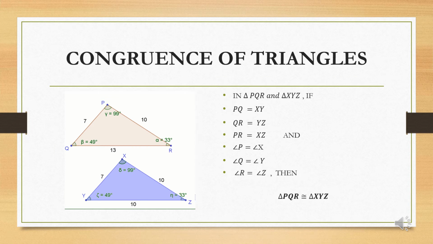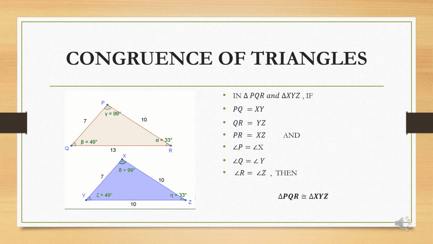Children, now let us talk about congruence of two triangles. Here we have two triangles PQR and XYZ. The side PQ of triangle PQR and the side XY of triangle XYZ are equal. Similarly, PR is equal to XZ and QR is equal to YZ.